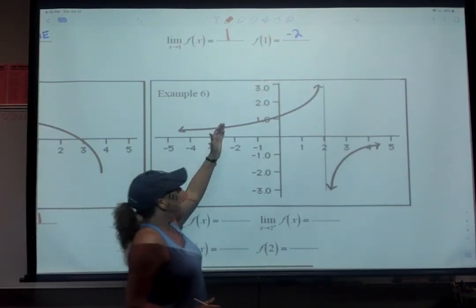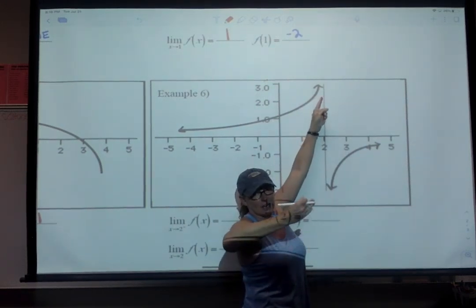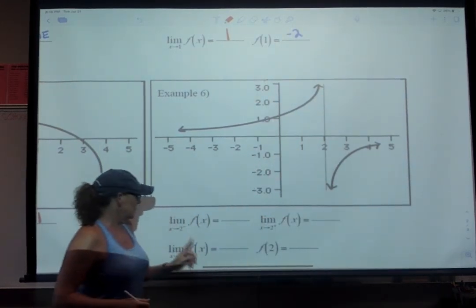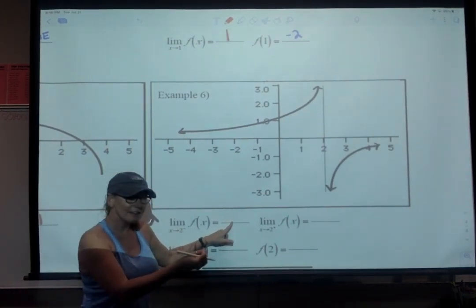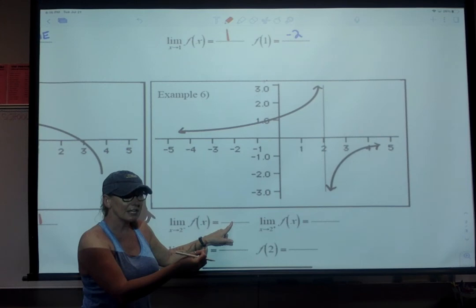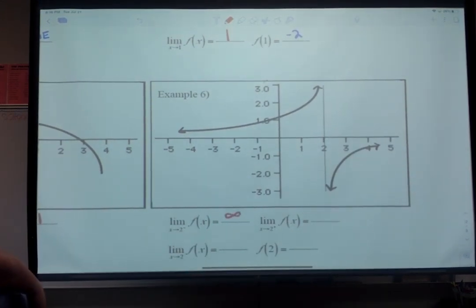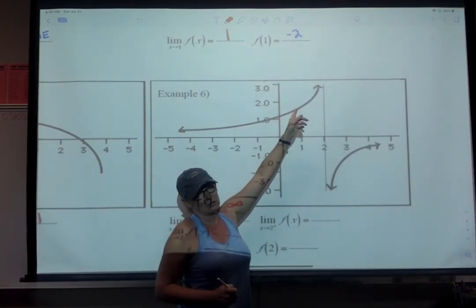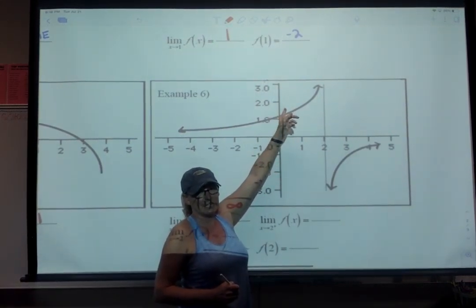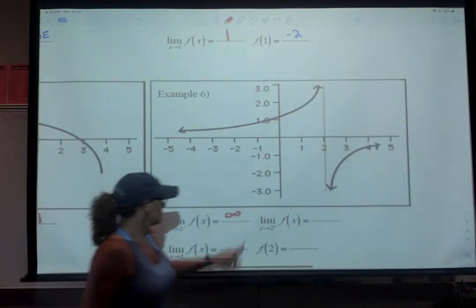So anyway, as x approaches 2, doesn't it look like my y's are getting higher and higher and higher? So as x approaches 2 from the left, where are my y's headed? They're headed toward infinity. Do they ever reach it? No, you can't reach infinity because I can always go a little bit farther than you. Limit from the right.